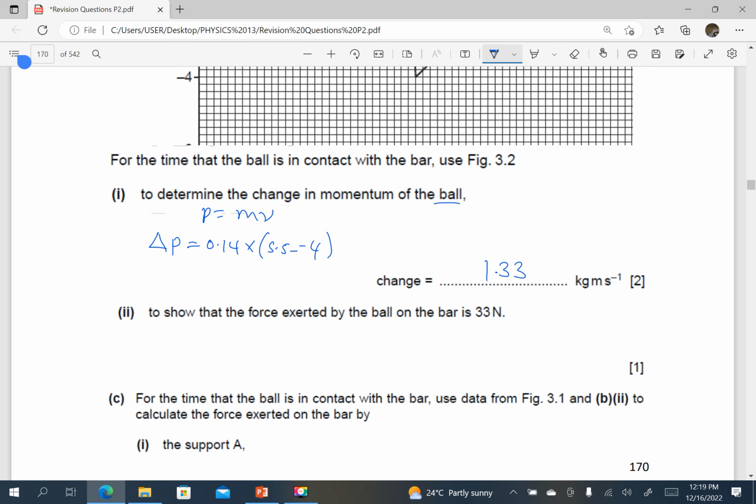Again, for the time that the ball is in contact with the bar, use the figure to show that the force exerted by the ball is 33 newtons. Remember, force is equal to the rate of change of momentum. The change in momentum is 1.33, and the time of contact we have just got as 0.04.